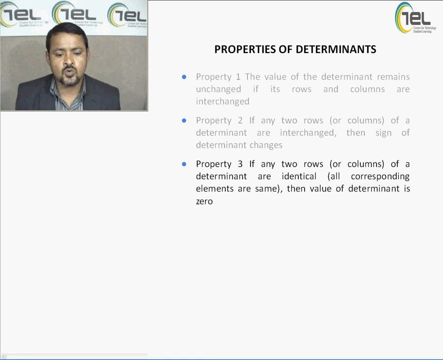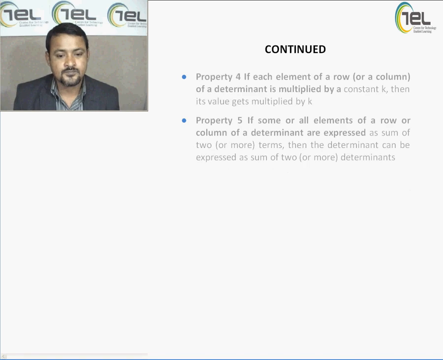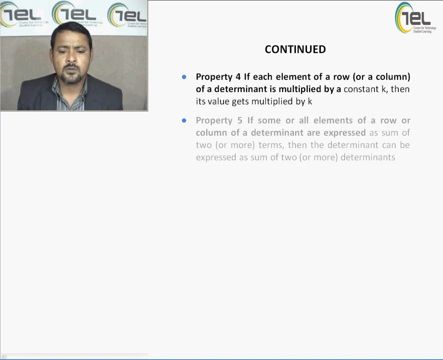If any two rows or columns of a determinant are identical and all corresponding elements are similar, then the value of the determinant is 0, because the minors are going to be identical. The next property says that if each element of a row or column is multiplied by a constant k, then the value of the determinant will also be multiplied by k.